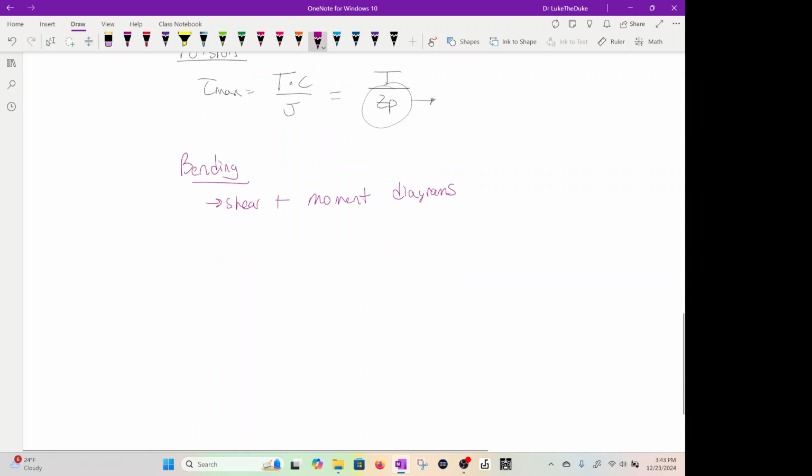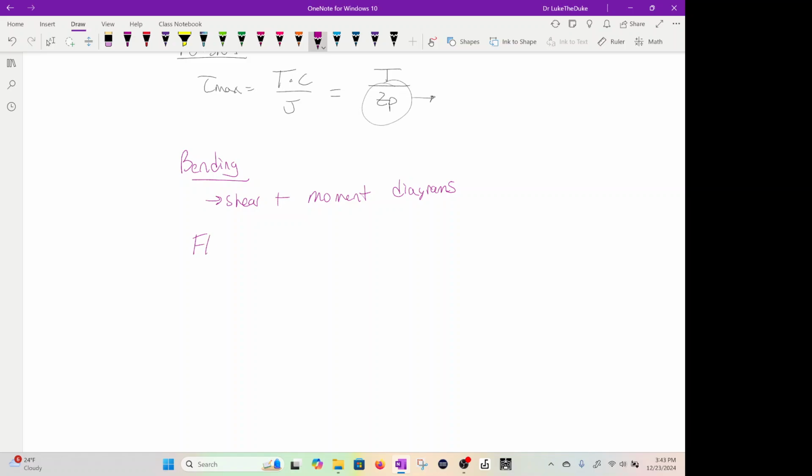And then you get the flexure formula: sigma max equals MC over I, where M is your moment, C is your perpendicular distance from the neutral axis to the point farthest away from the neutral axis, where sigma max acts, and I is your moment of inertia.